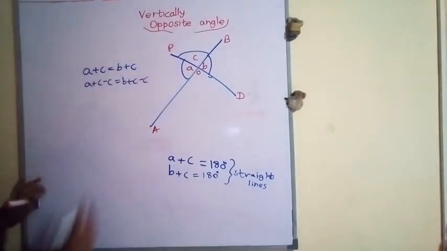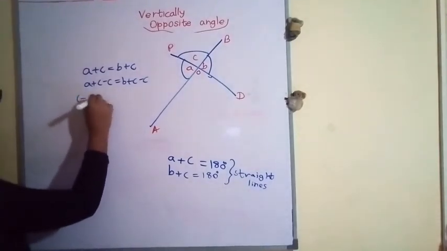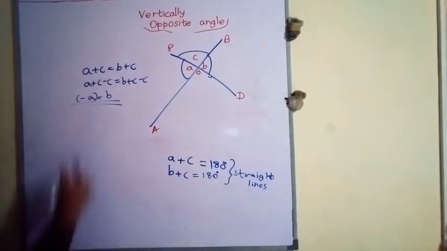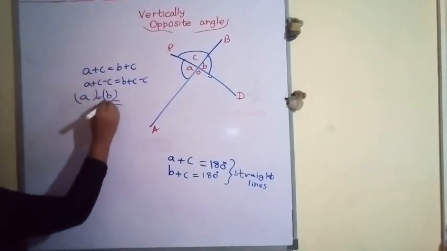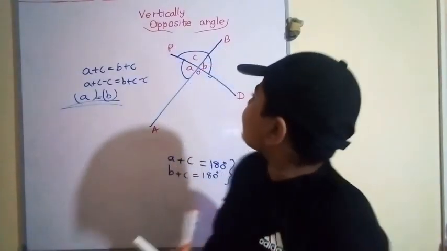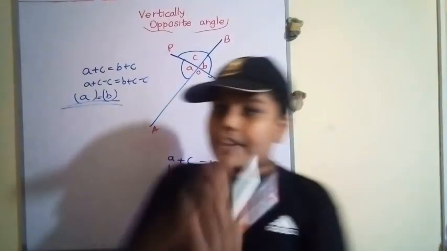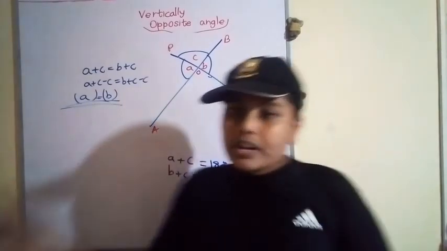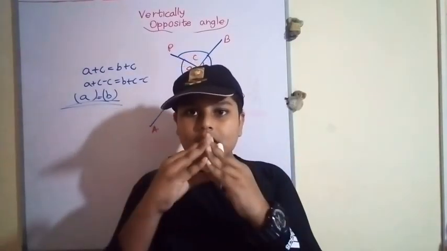Now you have the answer: A is equal to B. A vertical to B. All are vertical.